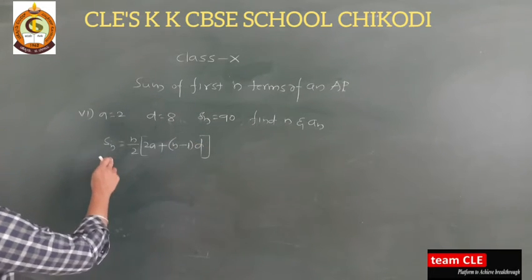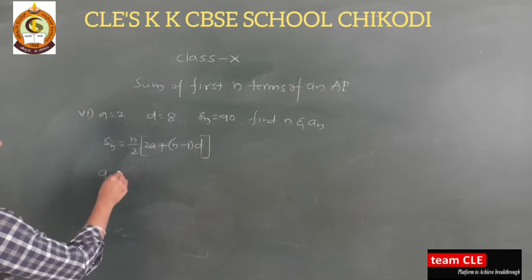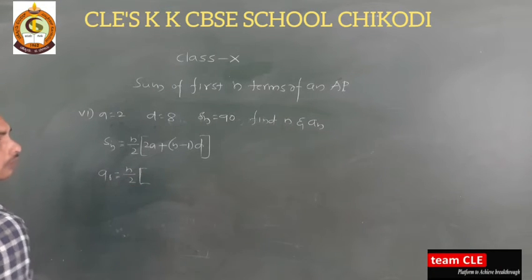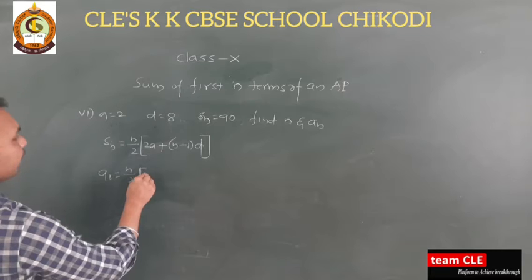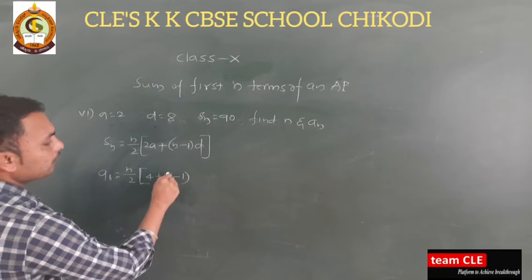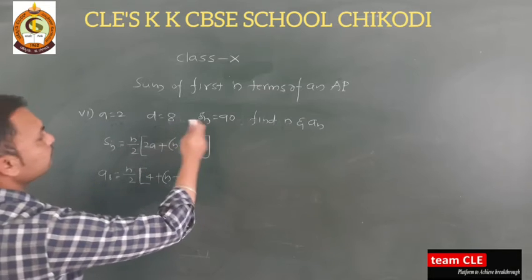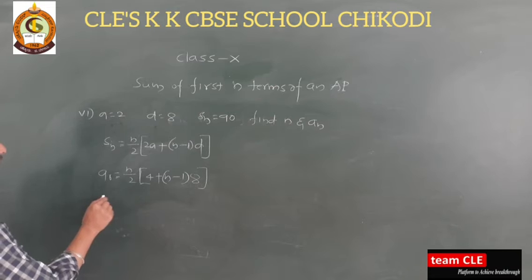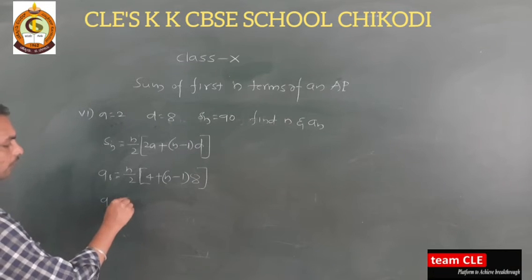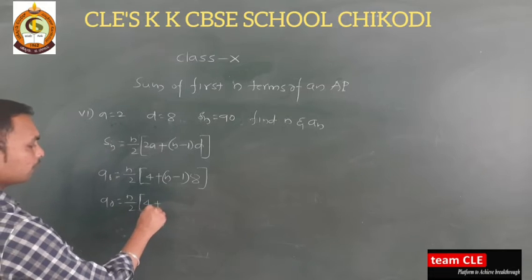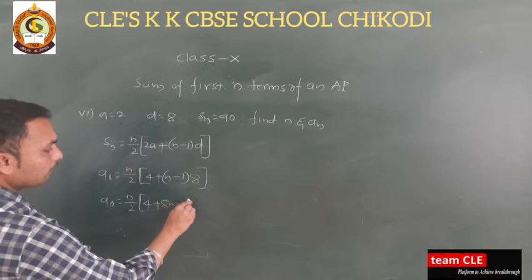Okay. Now Sn we have, this is 90, now n by 2 as it is. Next we have 2 into a, it is 4, plus n minus 1, n we don't have, keep as it is, and d we have, this is here 8. Okay. So 90 keep as it is, n by 2 as it is, so this becomes 4 plus 8n minus 8.